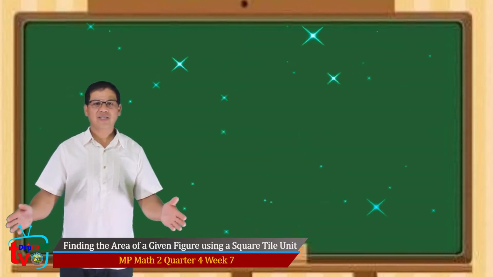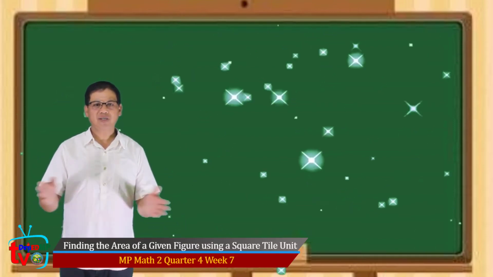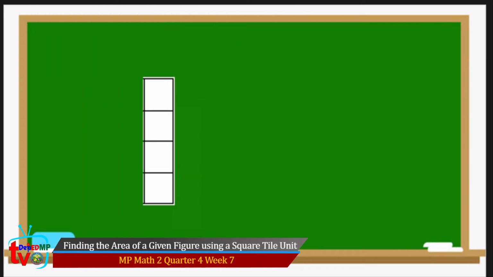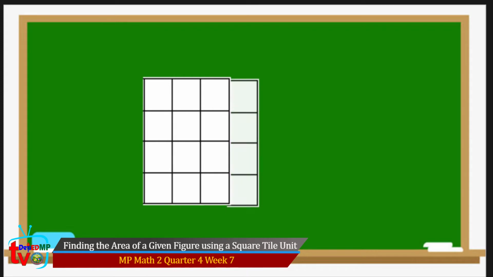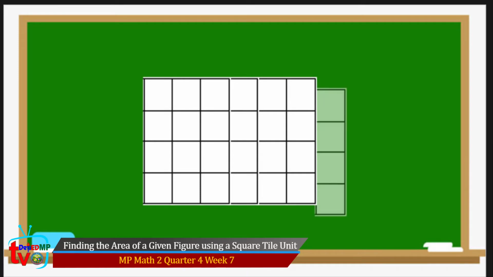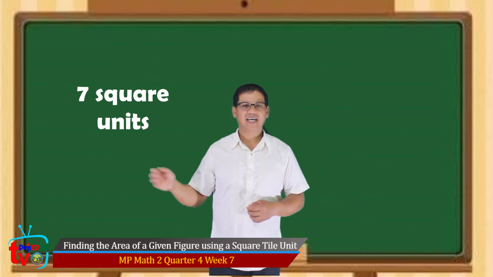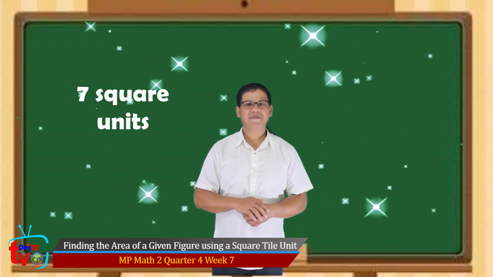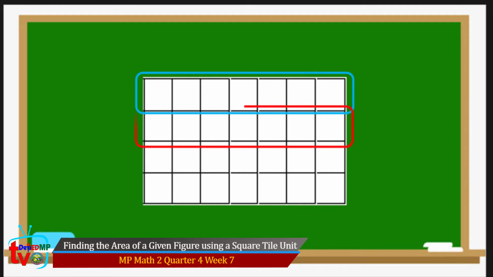To answer the question, let us count the number of square units in the picture. 1, 2, 3, 4, 5, 6, and 7. There are 7 square units on one side. Let us count the number of units on the other side. 1, 2, 3, and 4.